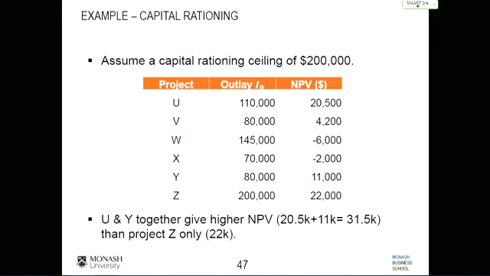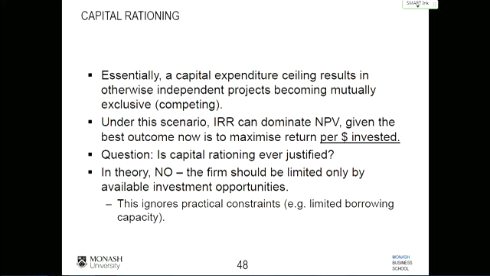Because the firm cannot invest in all U, V, Y, and Z, right? So if they invest in Z, they can only get $22,000 NPV. But if they combine, let's say they combine U and Y, they would get more than $22,000, okay? So that's what it means here, okay?